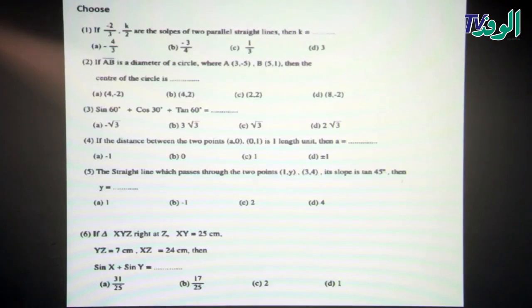How we got 4, negative 2: لما نعمل 3 plus 5 over 2, negative 5 plus 1 over 2.